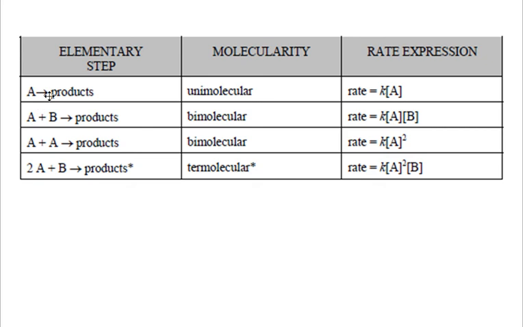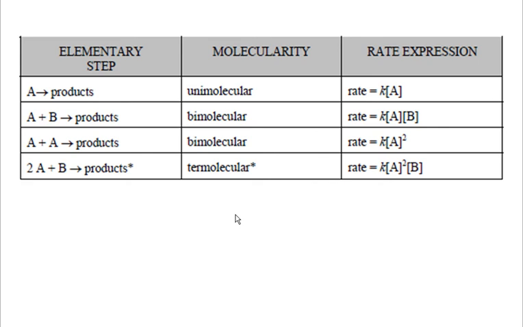Bimolecular, you can have 2 flavors. You can have something smacks into itself or something smacks into something else. If it smacks into itself, then its concentration is going to be squared, so it'll be second order in this case. Otherwise, it's going to be to the first.